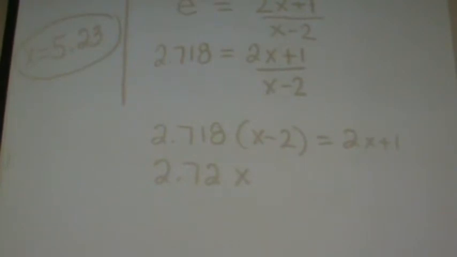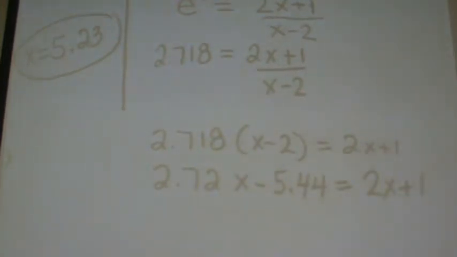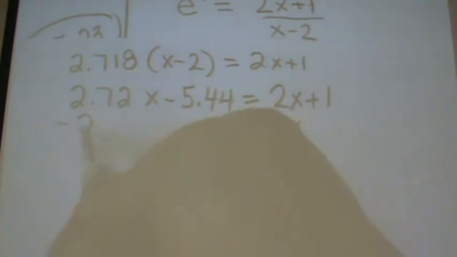So, get paper. Like I did. Now write sideways. Then what? What do you do next? I turned that to 2.72. What do you do next? I'm going to subtract 2 from x.